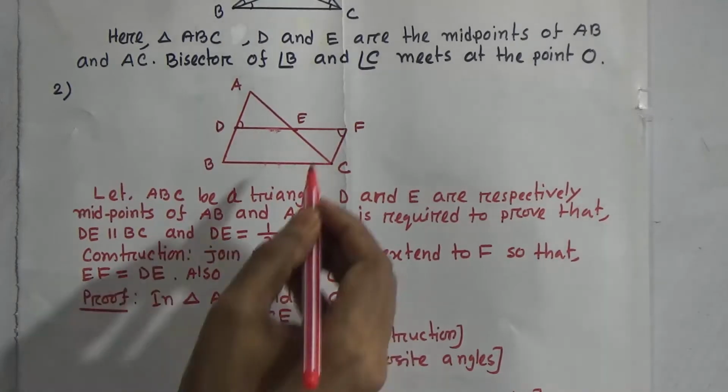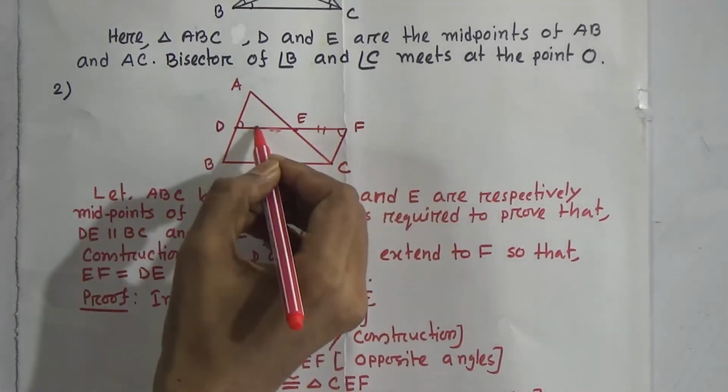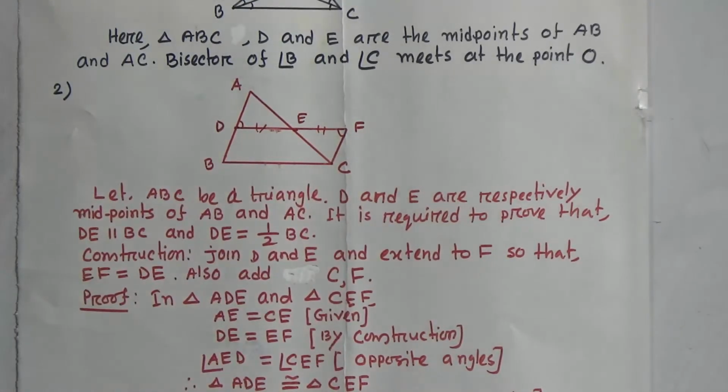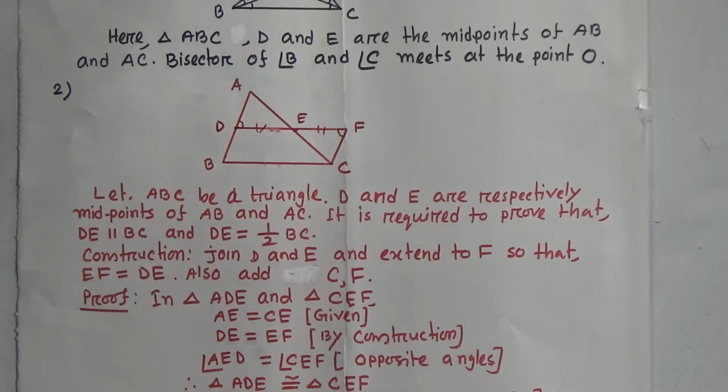That means EF and DE are equal, so these two sides are equal. Now also join CF. Now, students, look here at triangles ADE and CEF.